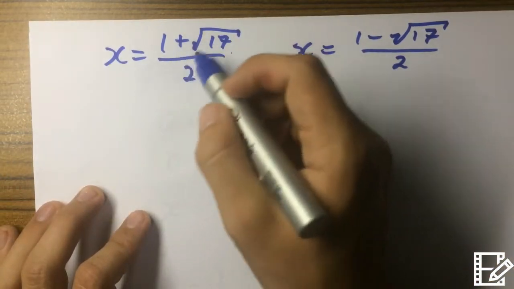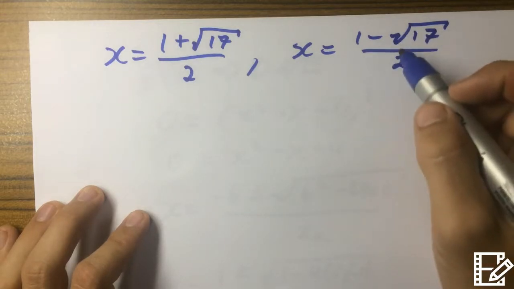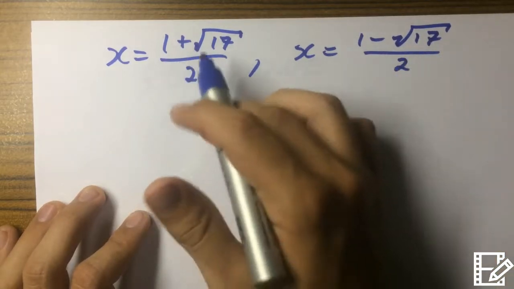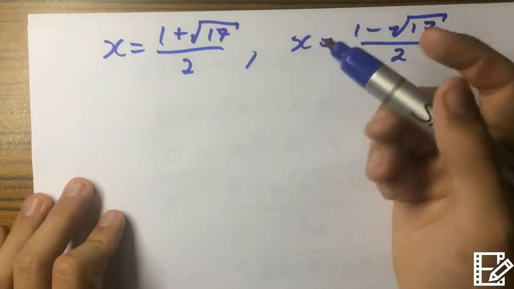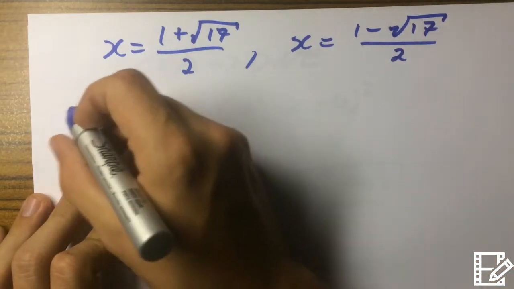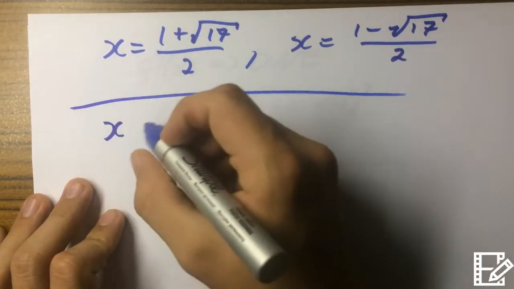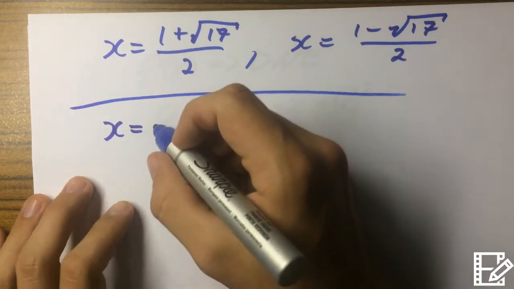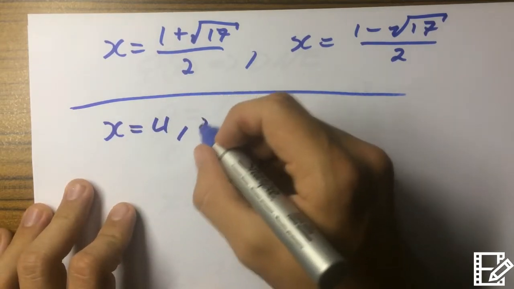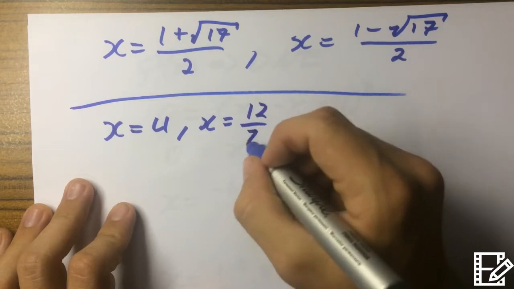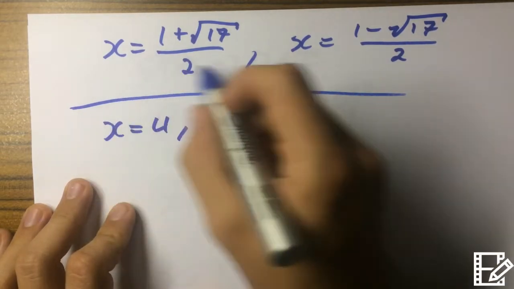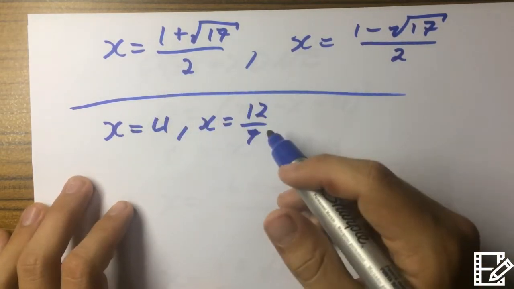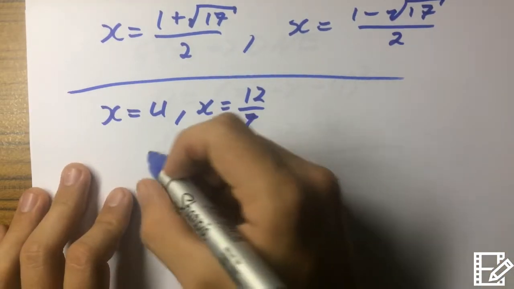It's just much easier to hold the number in this form. Okay, so what we're left with is x equals 4, x equals 12 over 7, and these values up here, I don't want to rewrite them because they'd take forever, and I'm lazy.